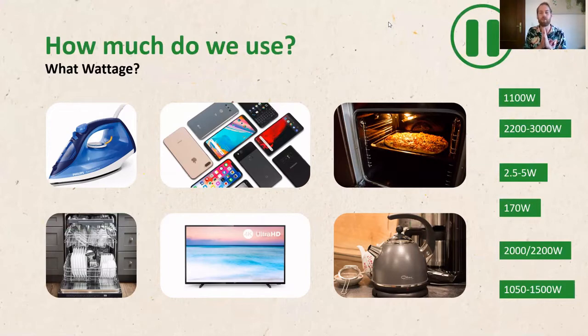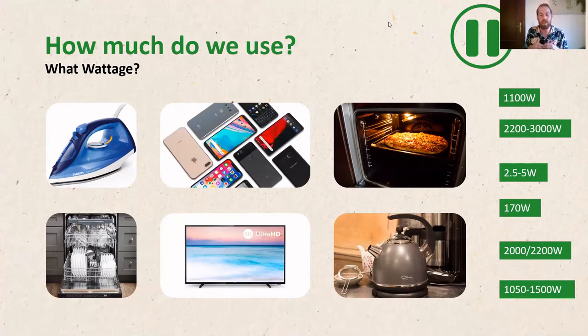Now I'd like you to stop and think for a moment, how much electricity does each appliance use? Hit the pause button if you need a bit more time to think. Bear in mind, these are watts per hour, so obviously you'll use a kettle for less time than you will use an oven, for example.